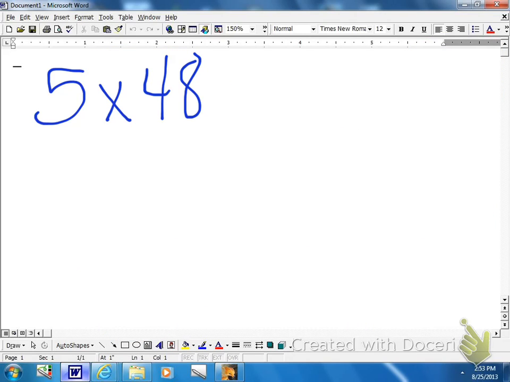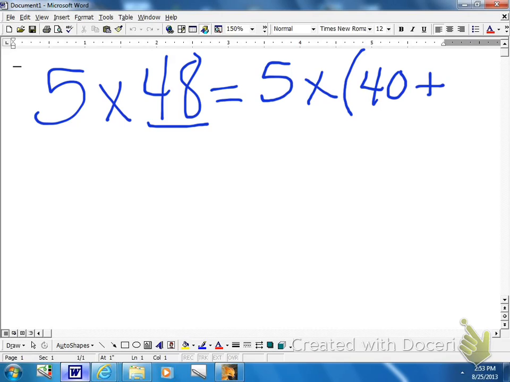Okay, let's say we wanted to solve 5 times 48. Now, there are a couple different ways you might want to do this. The first way is we might go ahead and separate this 48, and let's make it into 5 times 40 plus 8. Or it's better to just put that 5 right up next to it, because that's what this means.